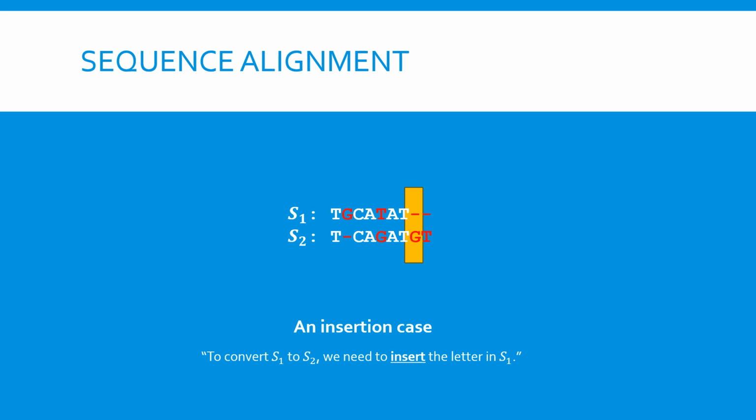This indicates that there was originally no letter in S1 at that position. As a result, to convert S1 to S2, we need to insert the letter G to S1. This is why this edit is called insertion. Similarly, here we have an example for the deletion edit.